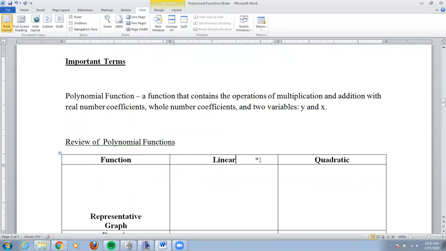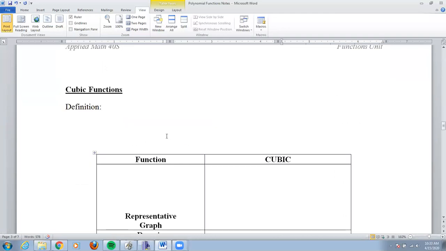So linear would be y equals x. Quadratic would be y equals x squared. And if we looked at cubic, cubic would be y equals x to the power of 3.